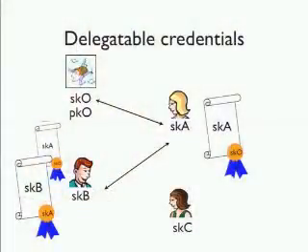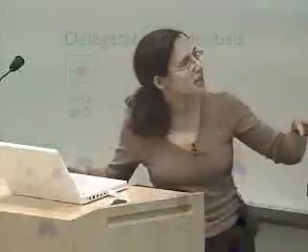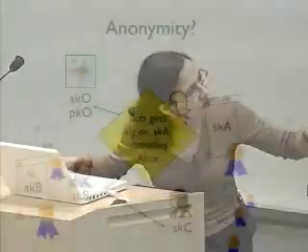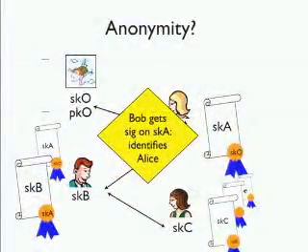And the same thing with Carol. Bob could hand over both of those signatures, and then they could jointly compute a third. But as you can see, there's sort of a problem with this, which is that here Bob gets to see this signature on Alice's secret key, and that's probably not something you want if you want to maintain anonymity.